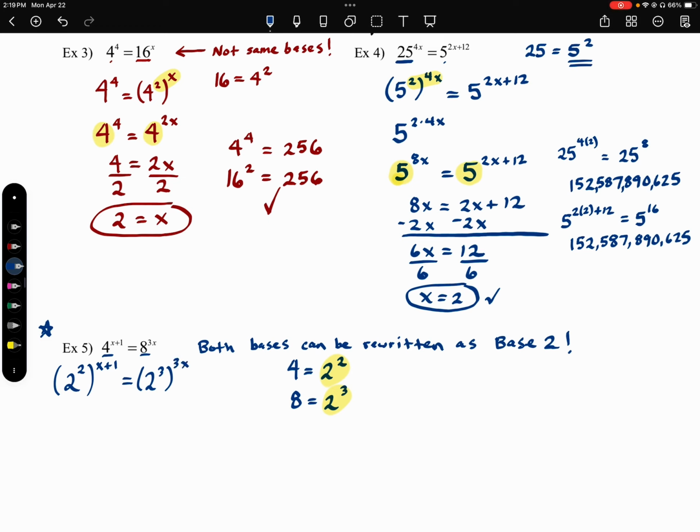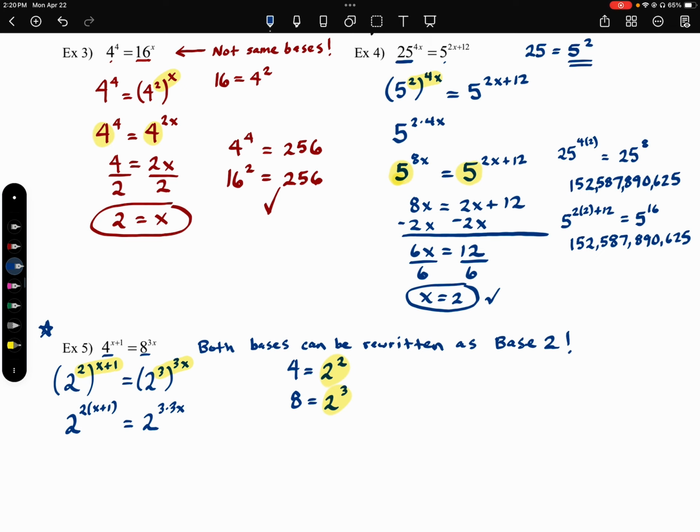Now when we apply our exponent rules, we just need to do it on both sides. So 2 and the x plus 1, and then 3 and the 3x. So our base is still 2, and we're going to have 2 times the quantity of x plus 1. That should equal 2, and then we've got 3 times 3x.